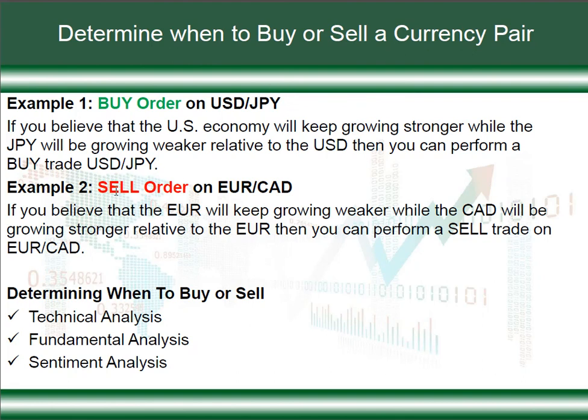Okay? Similarly, you sell a currency pair, for example, Euro CAD here. You will sell Euro CAD when you believe that the base currency will lose value against the quote currency. So in other words, Euro will depreciate in value as Canadian dollar appreciates in value relative to this other. Okay? More about that when we get into trading.